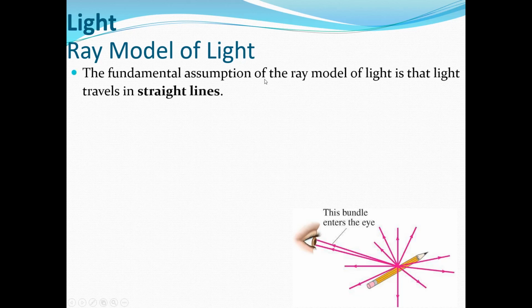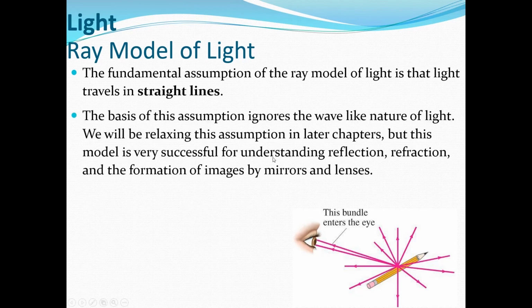So, as I said before, one of the big assumptions that we are going to make, in order to do things with the optics, is that we're going to assume that light travels in straight lines. This kind of goes against a lot of the things that we know about light, in particular the fact that it is wave-like. If you remember, we mentioned how waves can refract and diffract around materials.